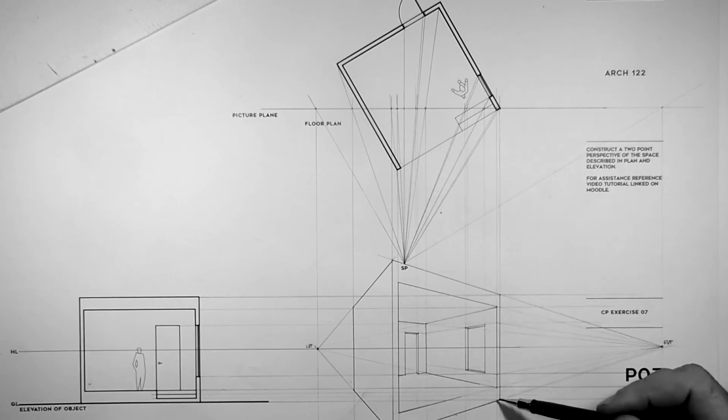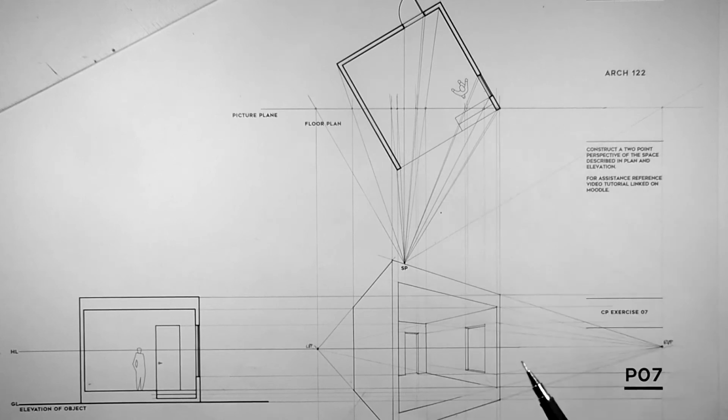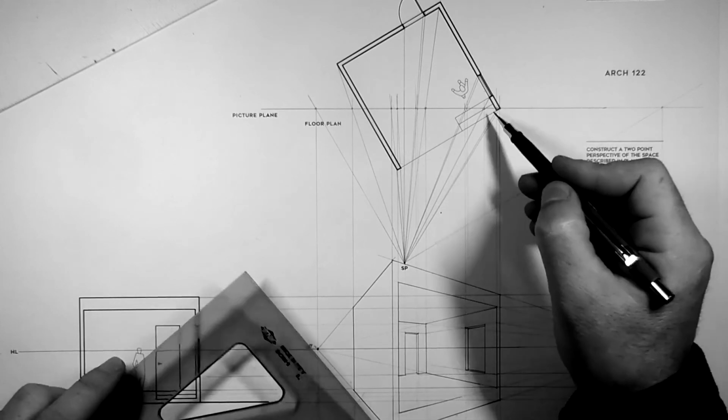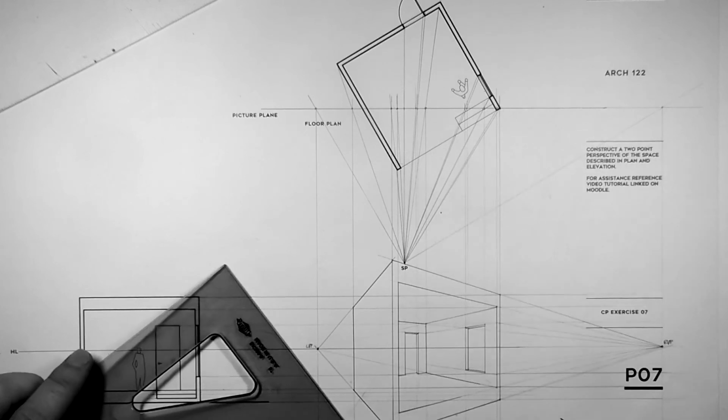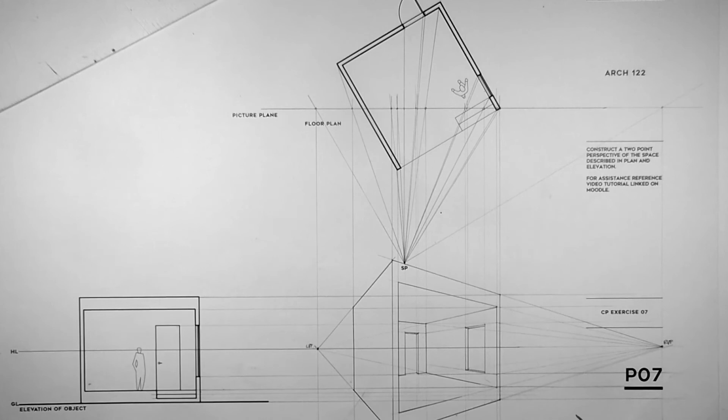But the rules apply just like finding the floor. We use the station point to get the verticals, and we project from the true height line to get the horizontal lines in plane. So let's start by defining this front edge, and then we'll come up to define the plinth of the floor.